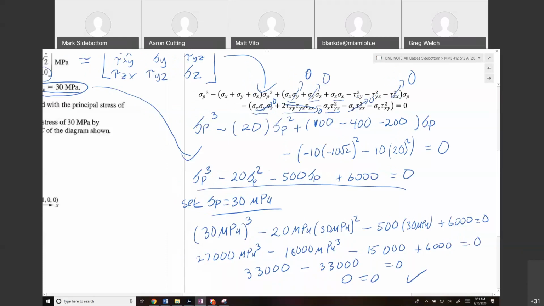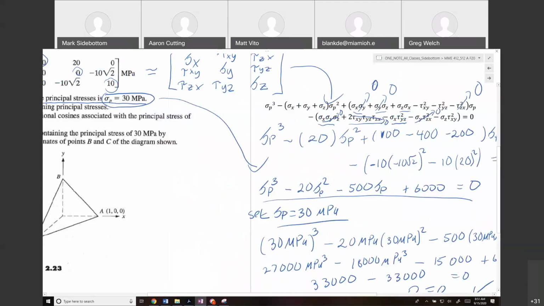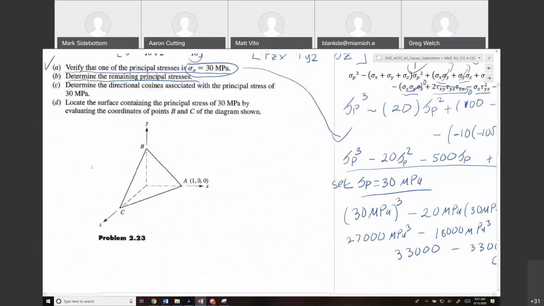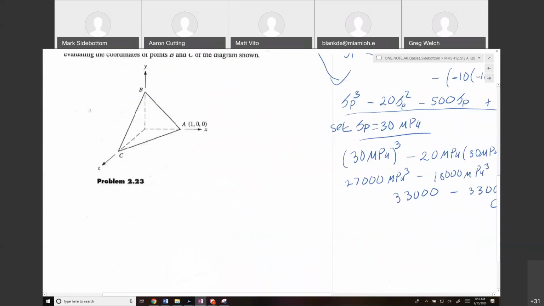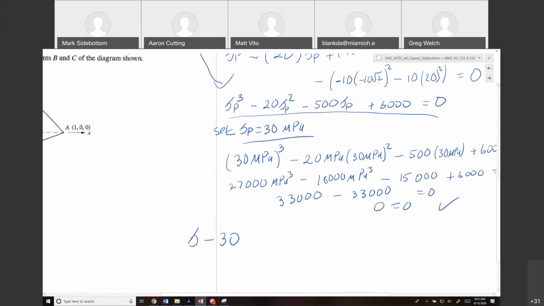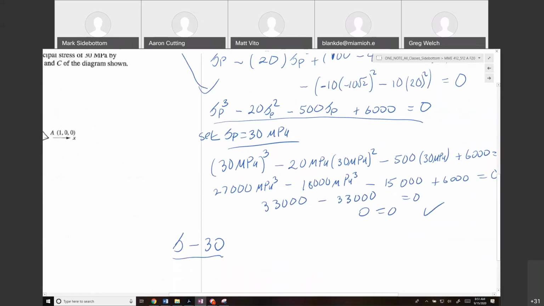All right, so then part B of the problem asks to find the remaining principal stresses. So what we can do is divide our original polynomial by sigma minus 30, which is one of our principal stresses. So we're basically going to factor out sigma minus 30 to get our 2 remaining principal stresses.